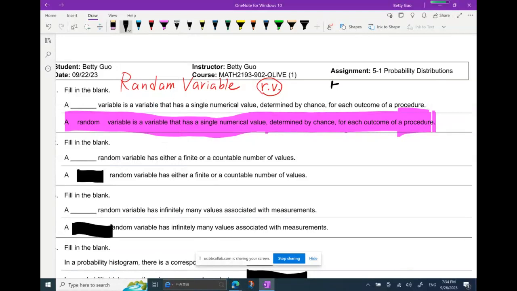The 2 outcomes, getting head and getting tail, are not numerical. But we really want to make them numerical. You see what I'm talking about? So mathematicians or statisticians brought in random variable to numeralize the outcomes of a procedure. This is a very important milestone in the development of probability.